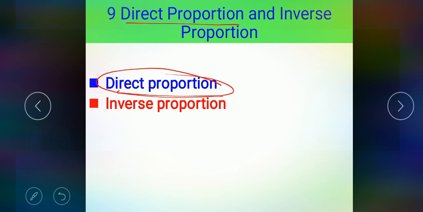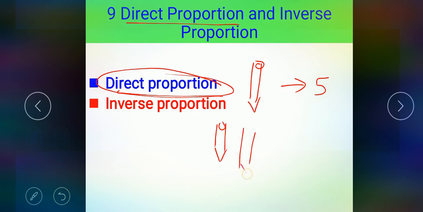It will of course be 10 rupees. See, one pencil costs 5 rupees, then two pencils will cost 10 rupees, right?